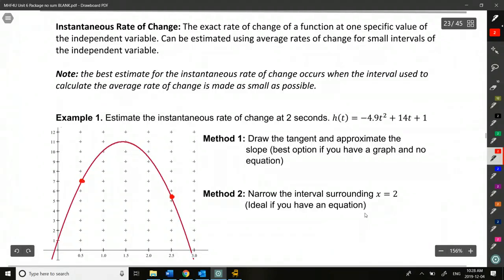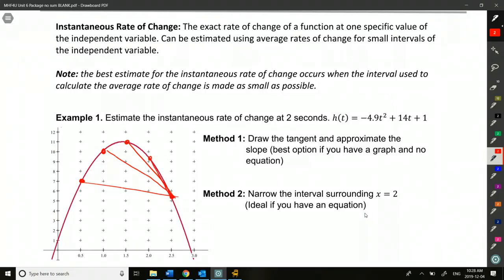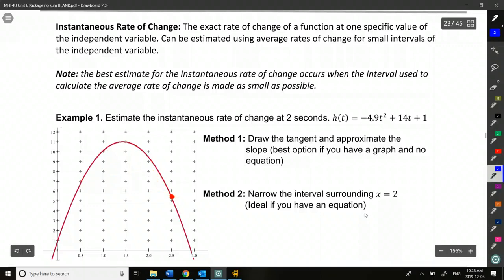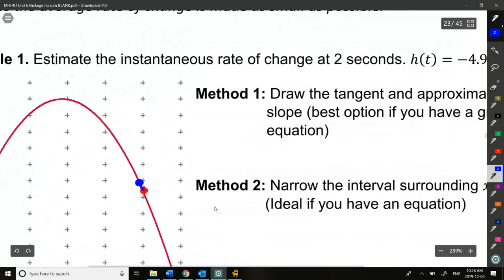If I have a secant here, and let's say I move this point closer and closer and closer to my point over here. Okay? Eventually, the hope would be that I get so close to that point that I have a point right here where the slope of the secant that connects those 2 points is super close to the slope of the tangent at that particular point.